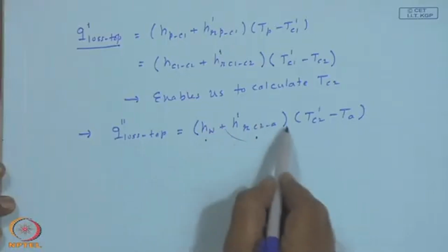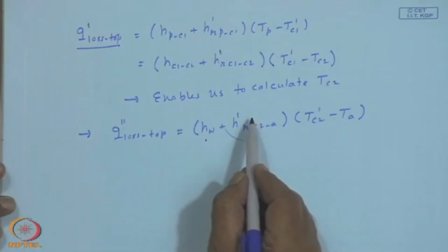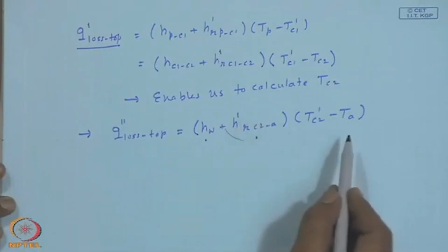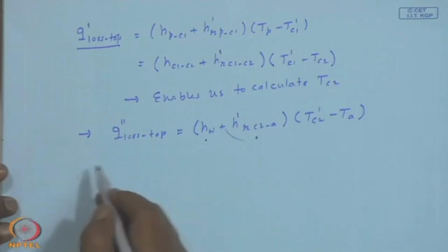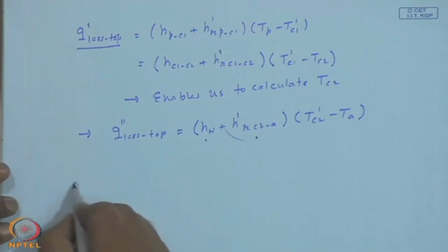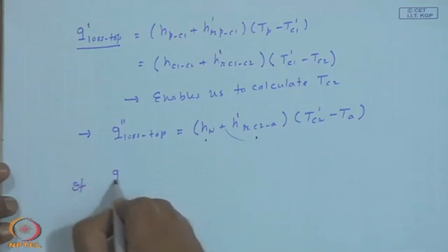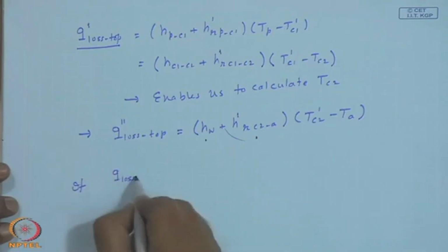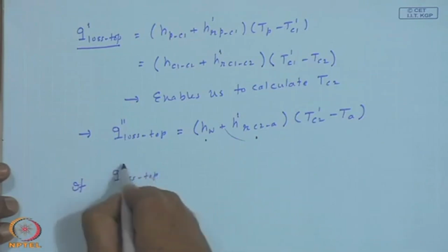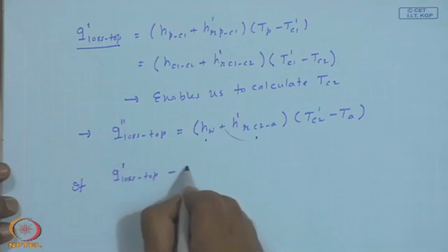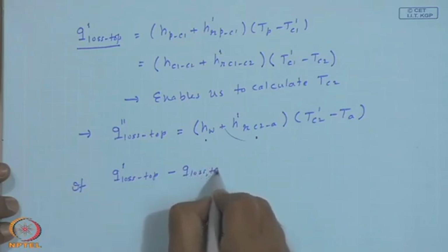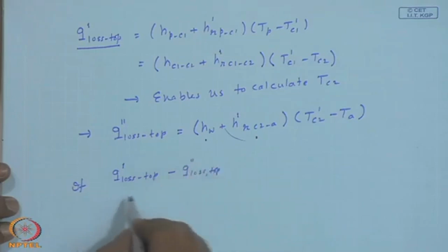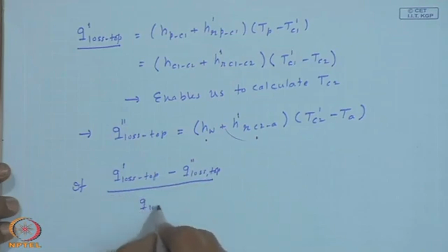This radiative heat transfer coefficient is calculated based upon T sky, T ambient and T C 2. So, I compare these two, and if we have Q loss top 1 minus Q loss top 2, by any one of them, in fact it does not matter when they converge.